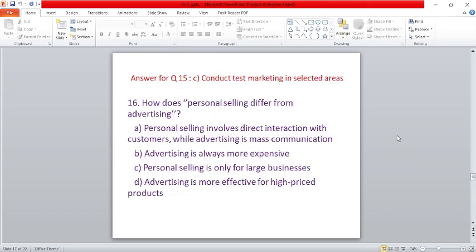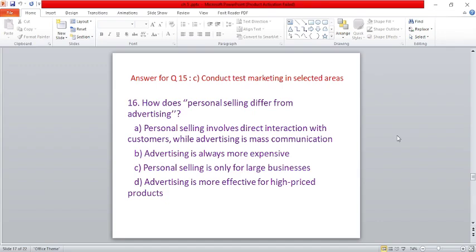Question number 16. How does personal selling differ from advertising? A. Personal selling involves direct interaction with customers while advertising is mass communication. B. Advertising is always more expensive.